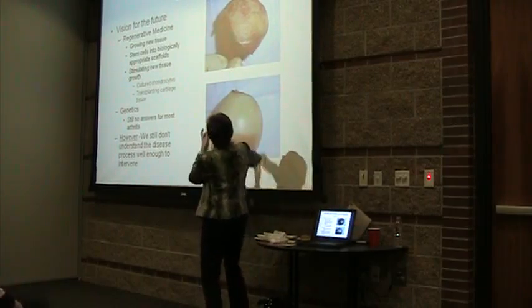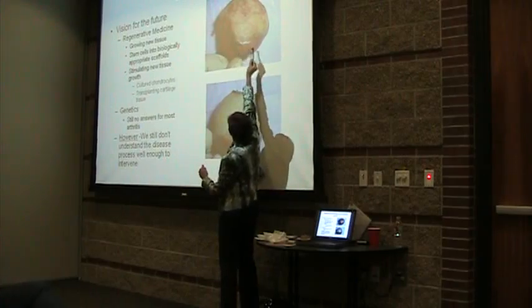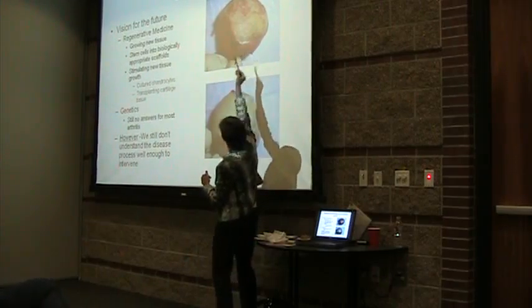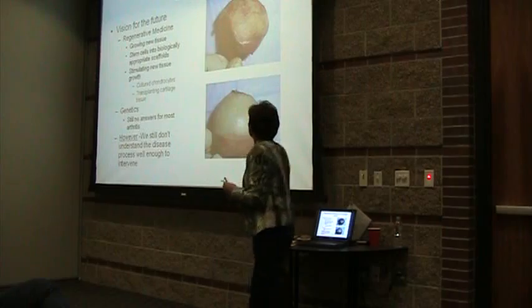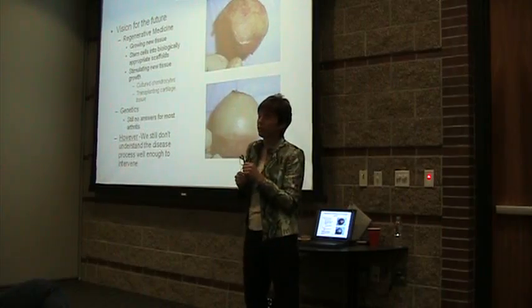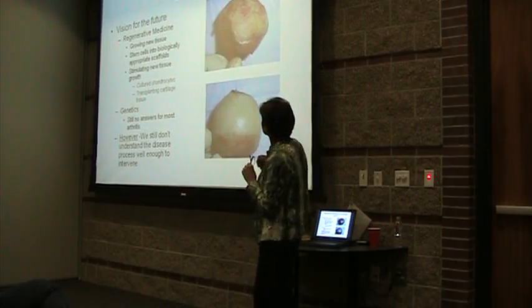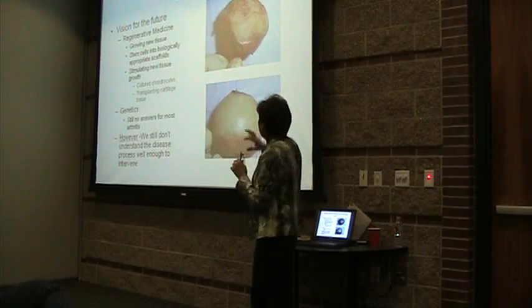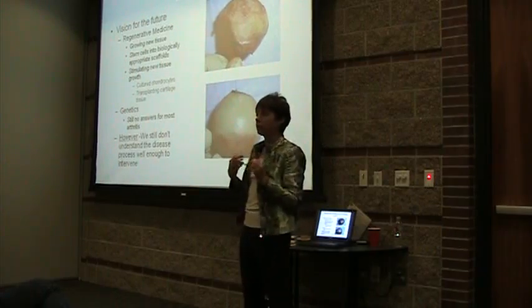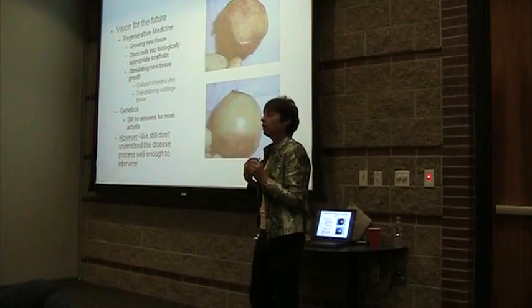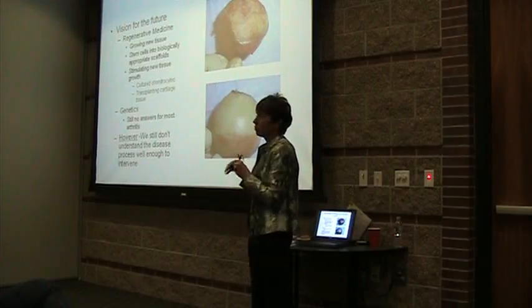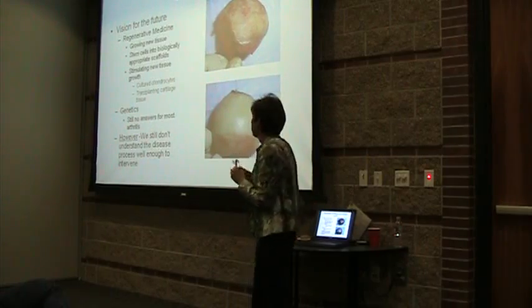Here's my glasses, this is a pointer. This is called an osteophyte. And then you have areas where the cartilage is gone, and there's just bone sitting there. And you have some residual areas of thin cartilage. And the whole head has become misshapen. So this process we call osteoarthritis.